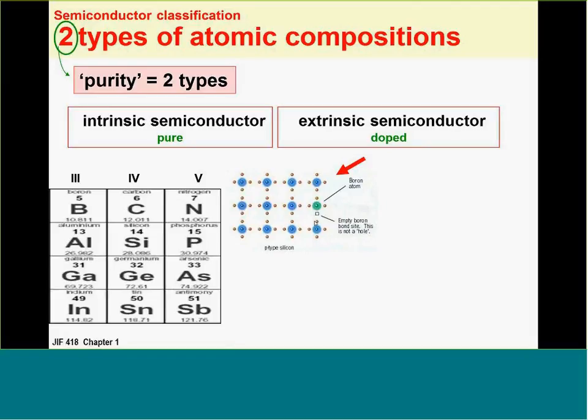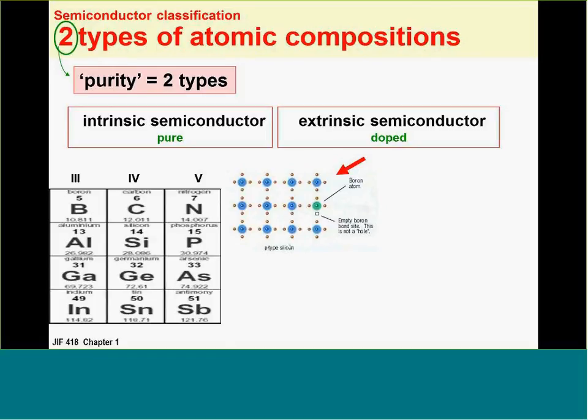Or when you have holes, a lot of these hole charge carriers, then your silicon, instead of being intrinsic pure silicon, is going to be p-type silicon. Normally, if you have it at a substantial level, about 10 to the power of 16, 17, 18, then you can increase the conductivity of your silicon.